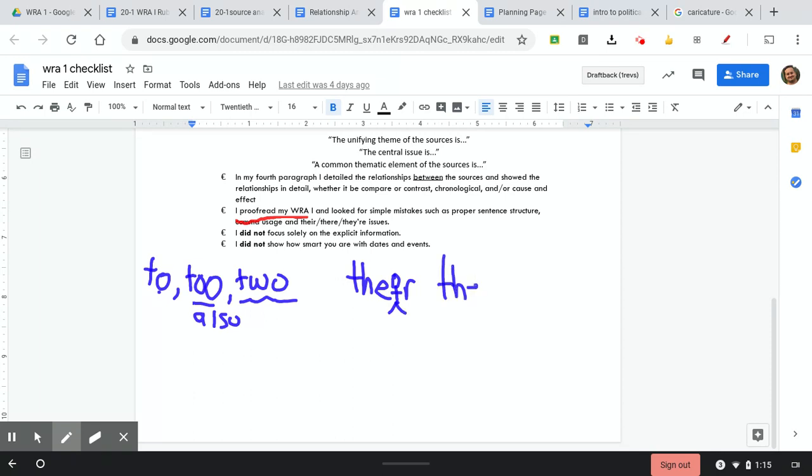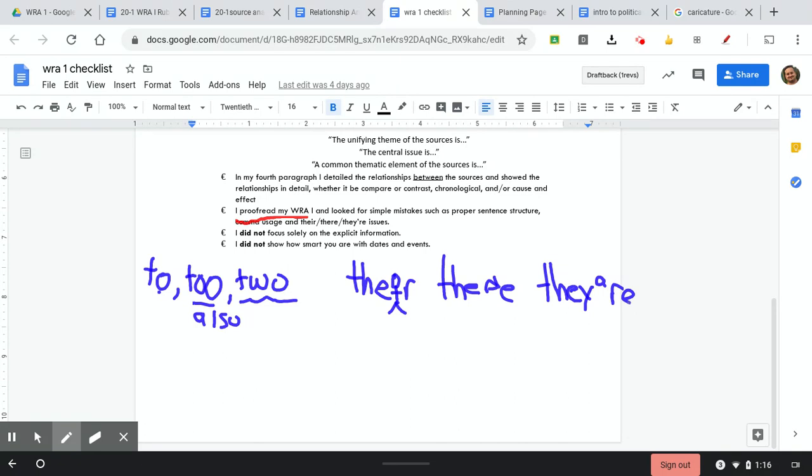Next up, we have there. Turn that into an arrow. We're going over there. Look, over there. And then they're. I put an apostrophe here because this one is they are.